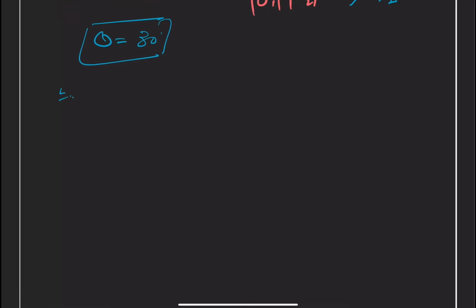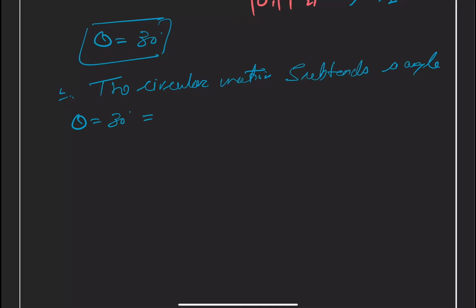Therefore you can say from here the circular motion subtends an angle theta which is 30 degrees, or we can say pi by 6 radians.